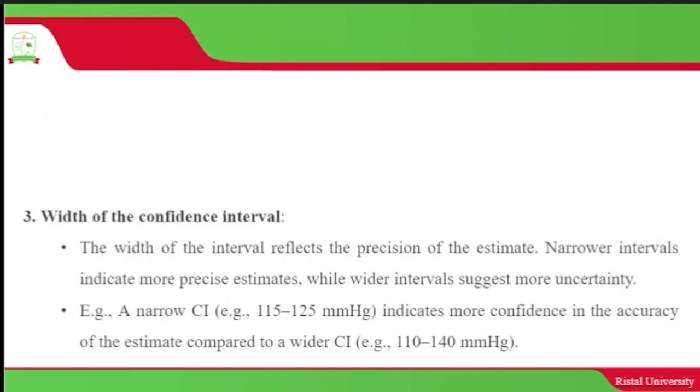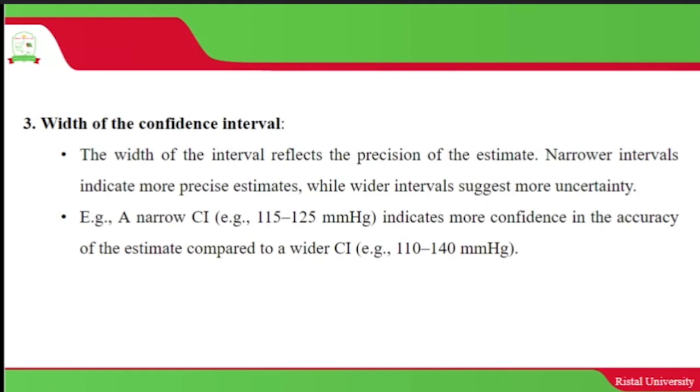So let's look at the width of the confidence intervals. The width of the interval reflects the precision of the estimate. Narrower confidence intervals indicate more precise estimates, while wider confidence intervals suggest more uncertainty.